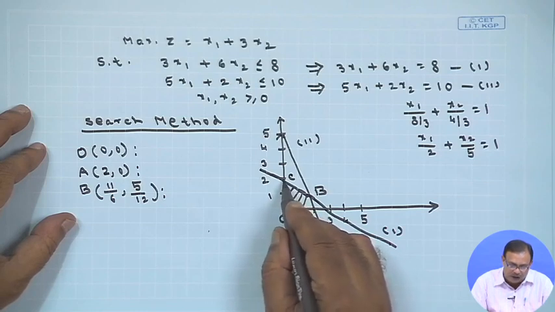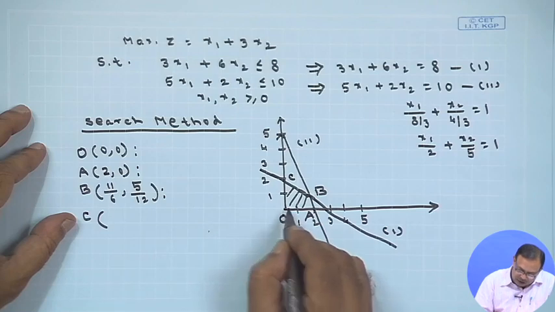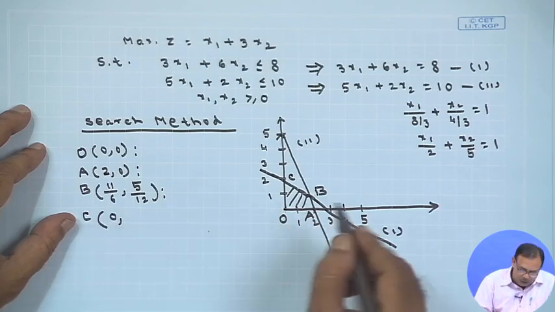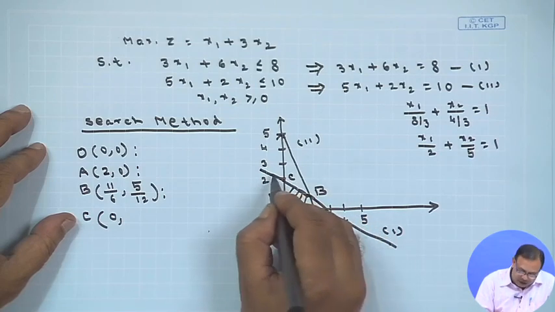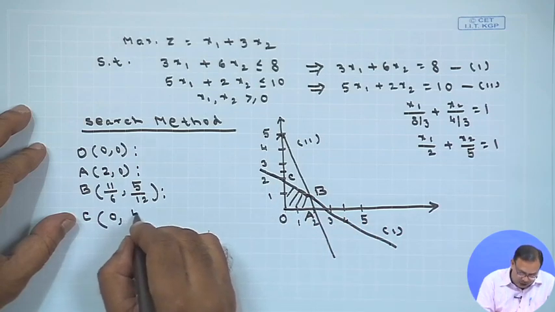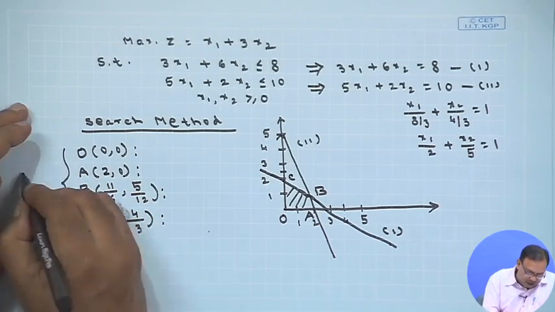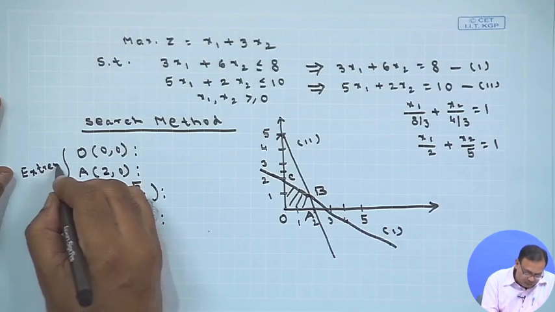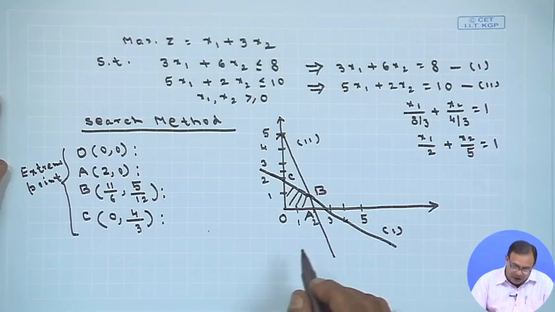So the last intersection point or extreme point is the point C. Here x1 is 0 and x2 is a little less than 2, it is 4 by 3, so C is 0, 4 by 3. So, these are the extreme points.